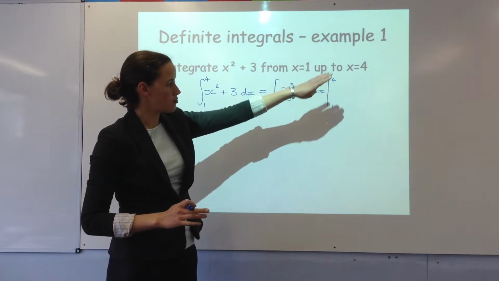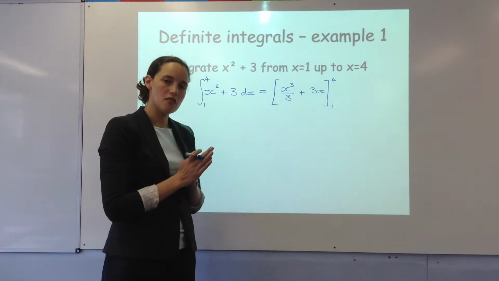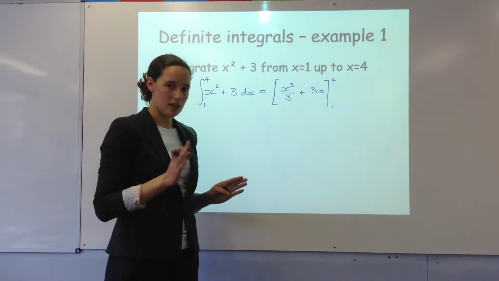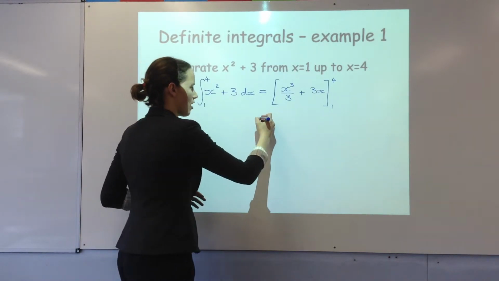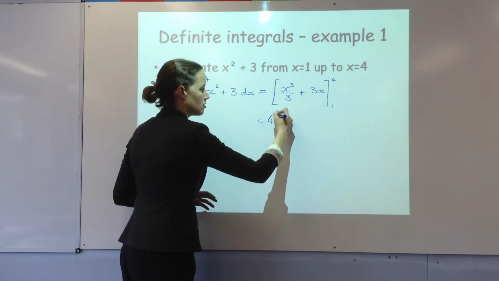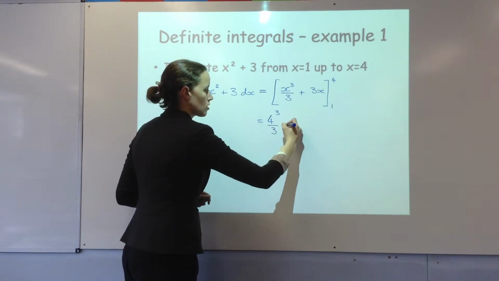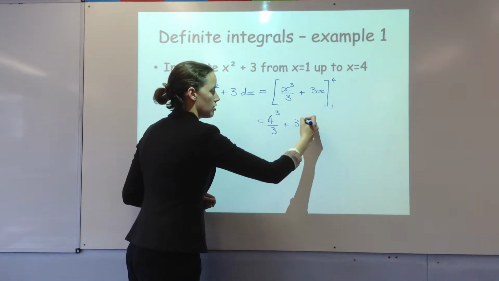From 1 up to 4, these ones here. And what that means is we're actually going to find a value for this. Now I'll explain what that gives us at the end of this lesson, more like halfway through, but anyway. 4 to the power of 3 over 3 plus 3 multiplied by 4.